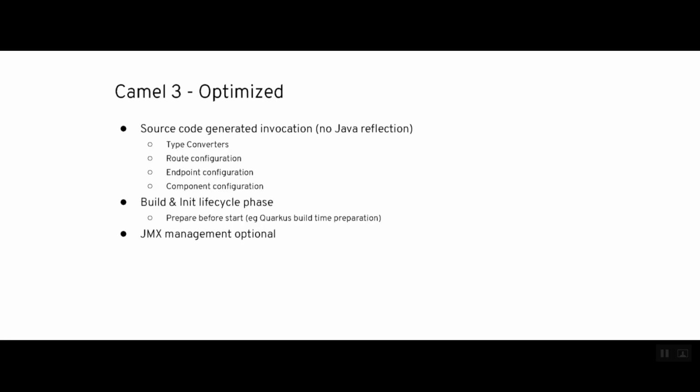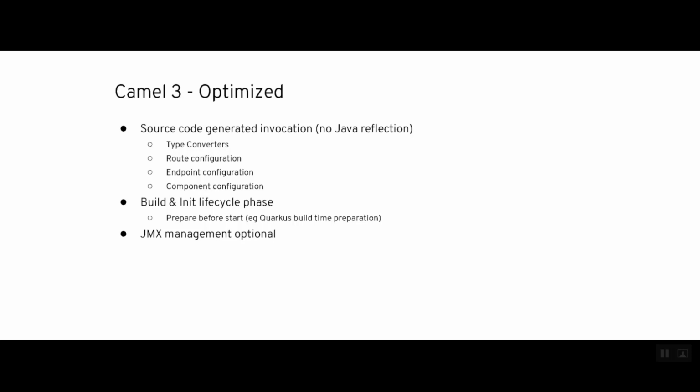Now in Camel 3, we have been able to source code generate configurer classes for that. That means everything is now static Java calls and there's no reflection going on. That allows Camel to be faster at startup, use less memory, and be much faster at runtime because there's no reflection overhead. On top of that, it also works much better in the native compile world with GraalVM, where you can't do reflection.